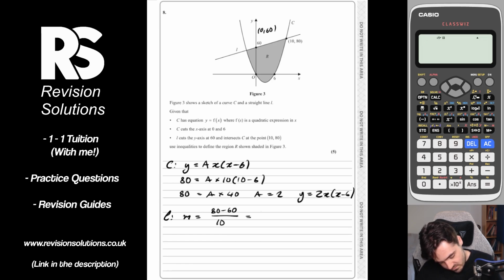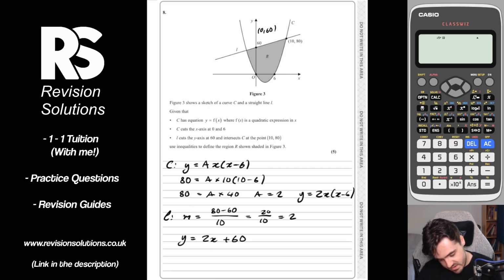We get 20 over 10, which is just 2. And then the y-intercept, the plus c, is given for us because that's a point we have on the graph. So our equation for L must be y equals 2x plus 60.